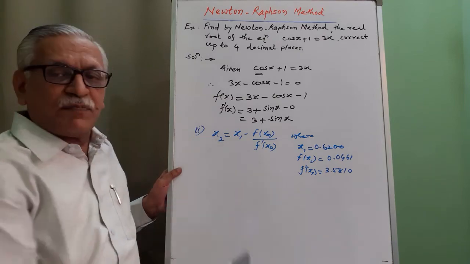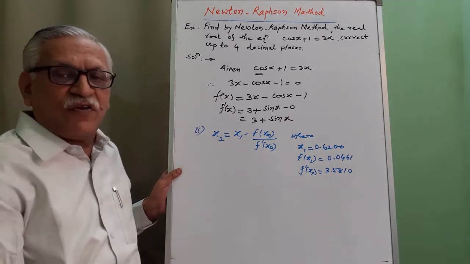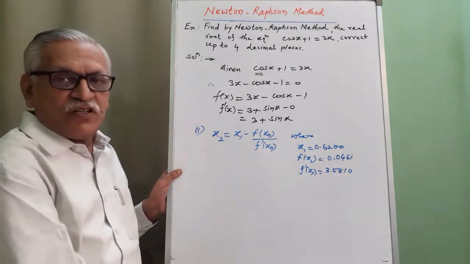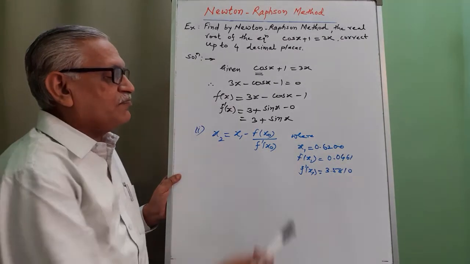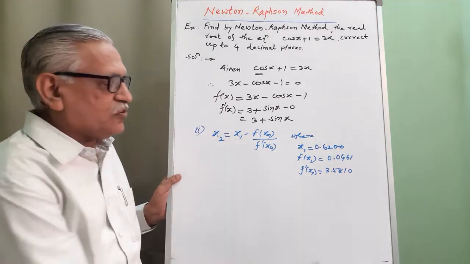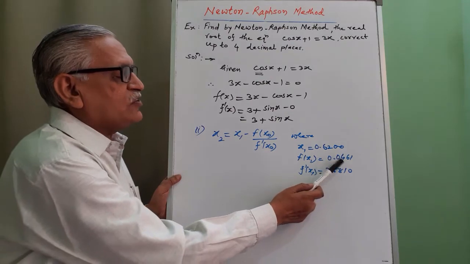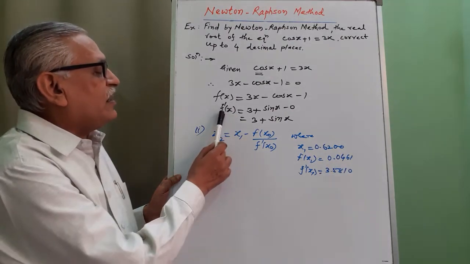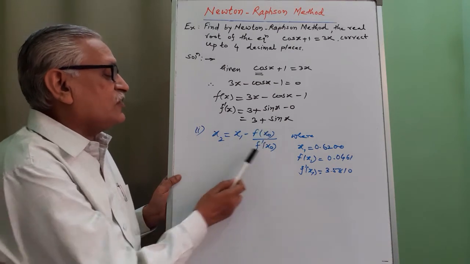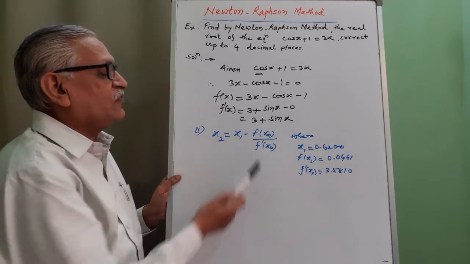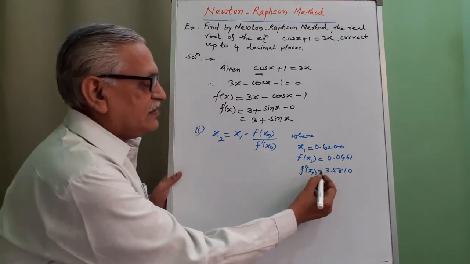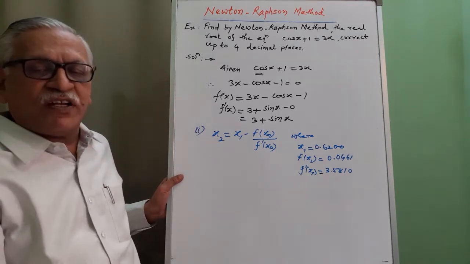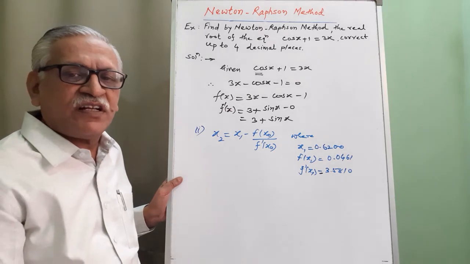In step number 2, we have to obtain the value of x2 as x1 minus f of x1 by f dash of x1, where the value of x1 is 0.6200, the corresponding function value is 0.0461, and for f dash of x1, substituting x is equal to 0.62 in this, we have 3 plus sine of 0.62, and by calculator we have the value as 3.5814, performing all the calculation in radian mode only.